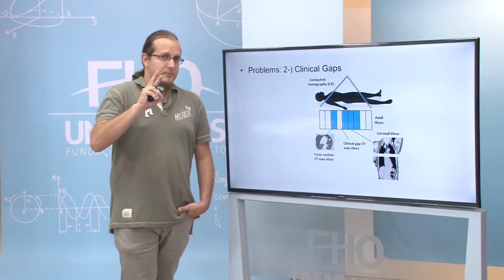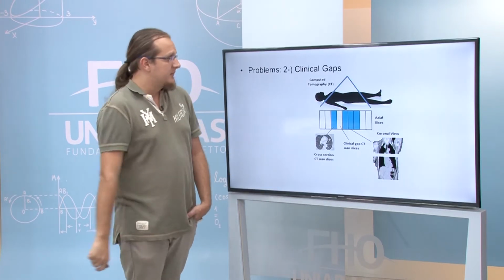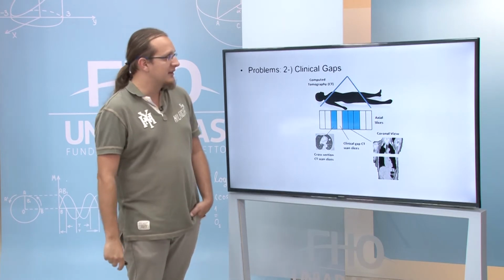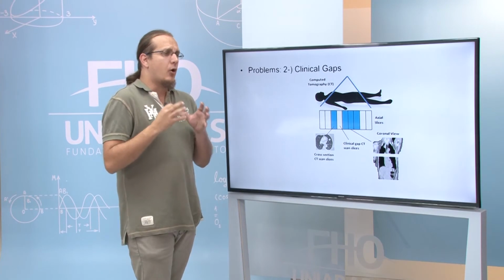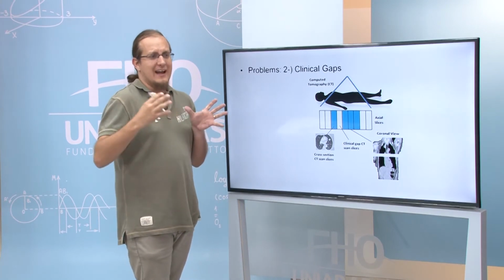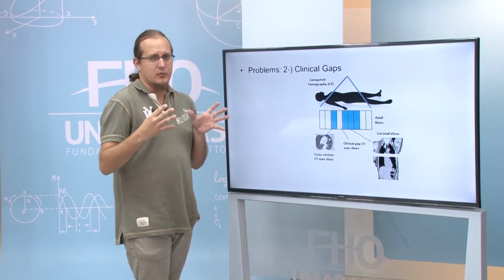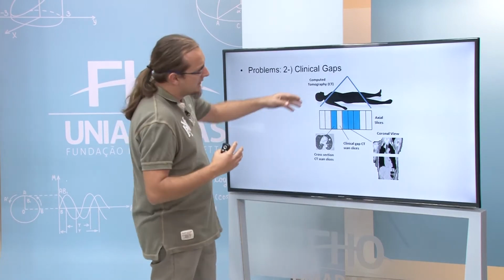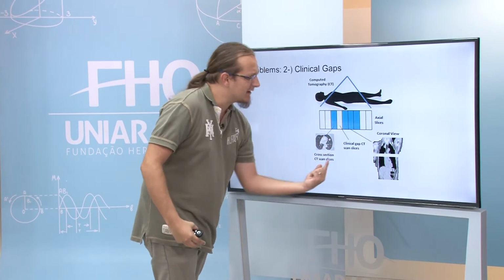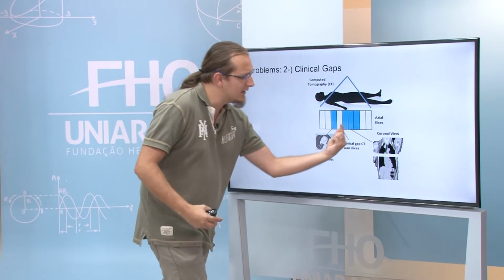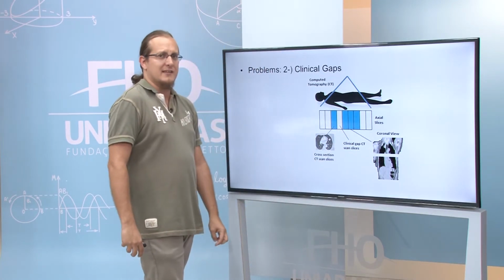The second problem related to this paper is clinical gaps. A clinical gap is a hole in the slices of the computed tomography. The human body acquisition is slice by slice, but the hardware machine has a problem with slice by slice acquisition. It's common to see clinical gaps, holes in the axial exam.